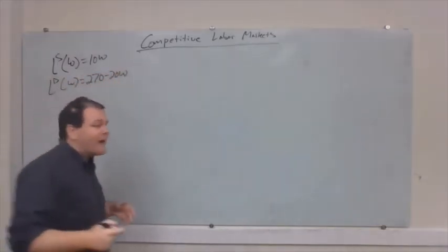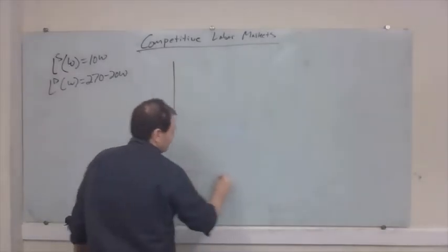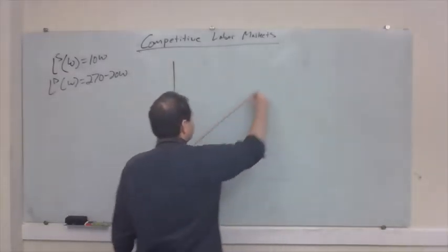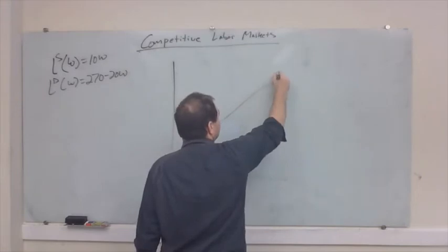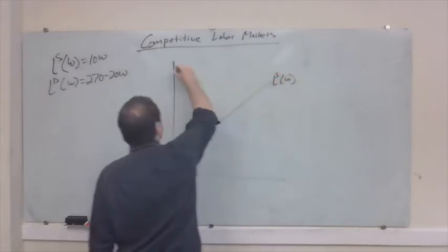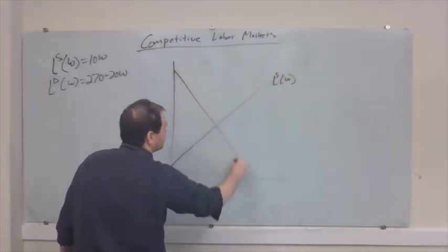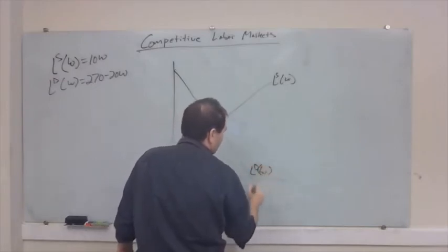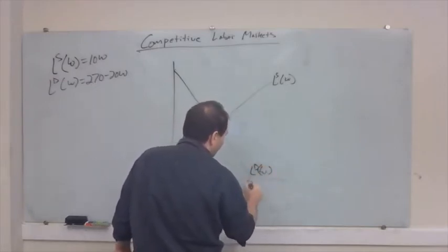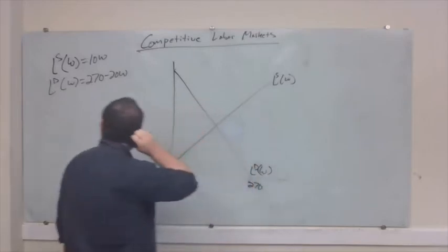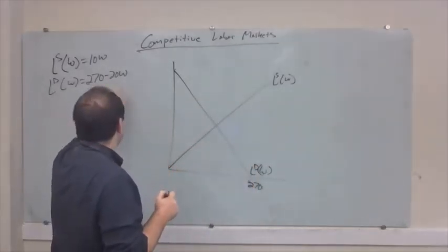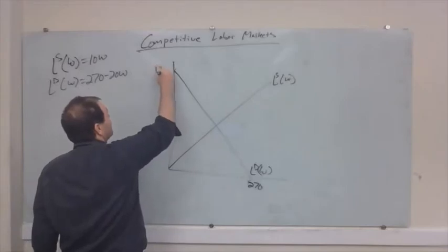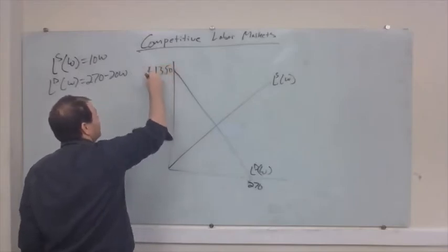Right, so if we graph this thing, we'll have labor supply upward sloping, right? Labor demand is downward sloping. Right? At a wage of 0, we'd hire 270 people. Right? At a wage of $13.50, 270 over 20, we wouldn't hire anyone.